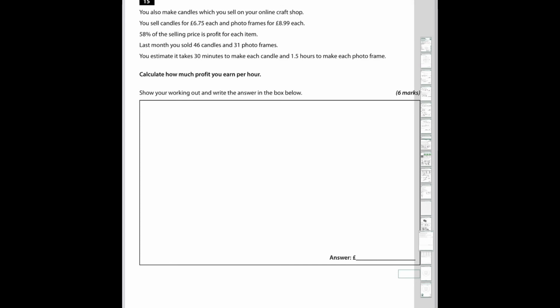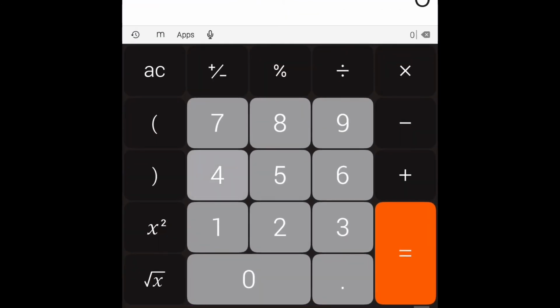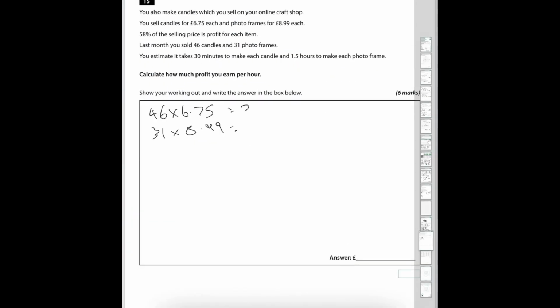So the first thing we need to do is work out the profit, before we can work out per hour. So let's work out the totals of what we sold. So we've got 46 candles, which are £6.75. And then we've got 31 photo frames, which are £8.99. So let's work out those first. So 46 times 6.75 is 310.50.